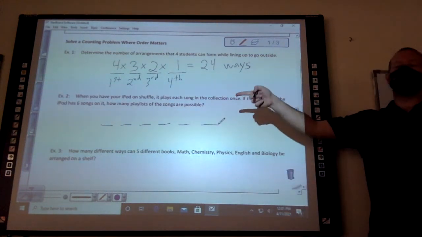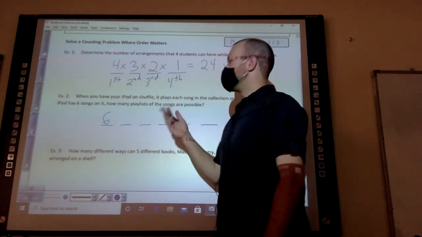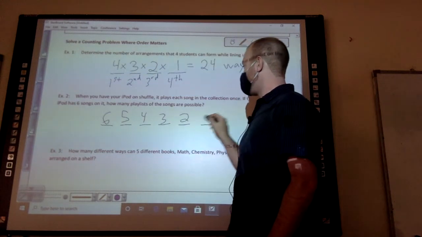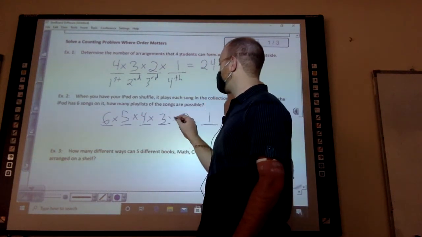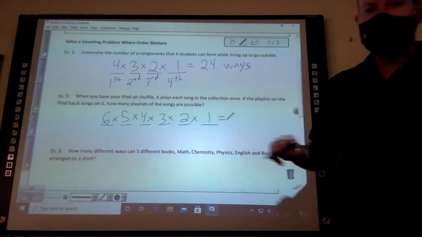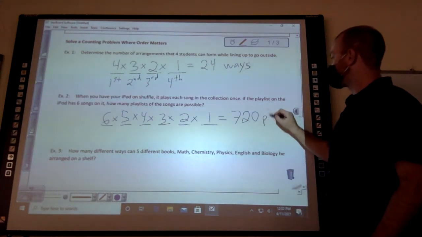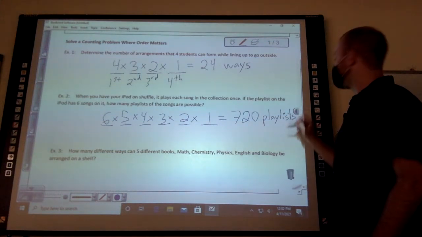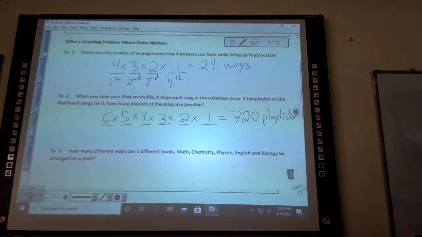How many options would I have for the first? I've got 6. 1 of those songs is taken up, so 5, and then 4, 3. Good, so you're starting to notice the pattern, right? So multiply these all together. So I could have 720 playlists. That's only 6 songs. You can imagine now, if you've got 100 songs, it gets pretty big.